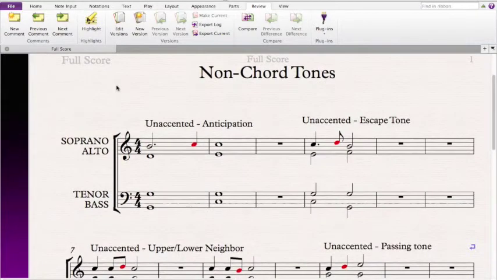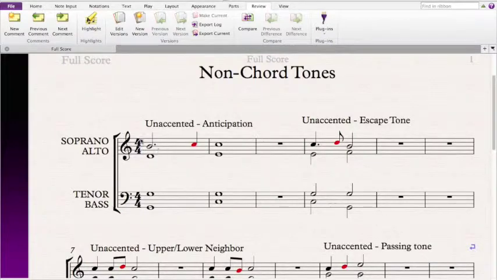So our first non-chord tone is unaccented. It's the anticipation. Anticipations are aptly named, as it is essentially a note that is anticipating the next chord tone.